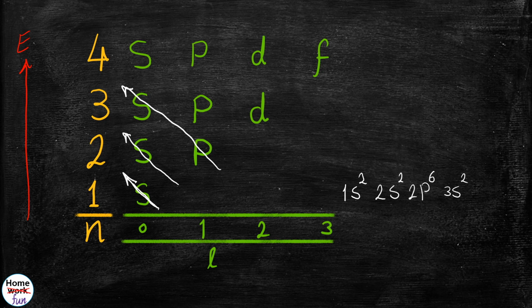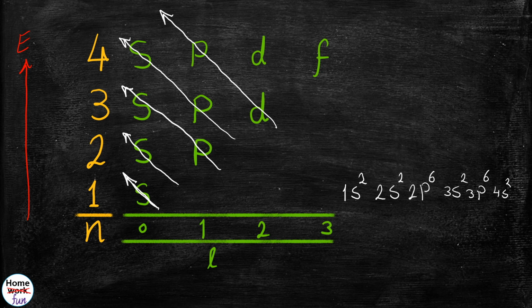Next, we come back again, we do another line, 3p and 4s. So 3p, 6. And next is 4s, 2. Next we have 3d and 4p. And if you have 5, that will be 5s, right? So then I will continue here on the lower line.